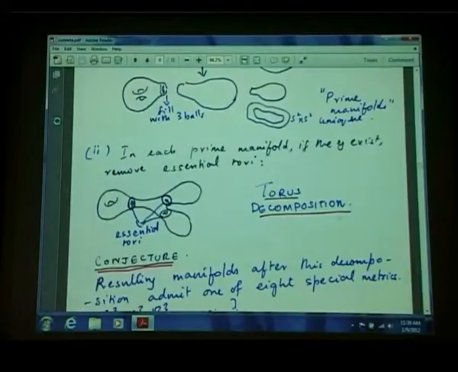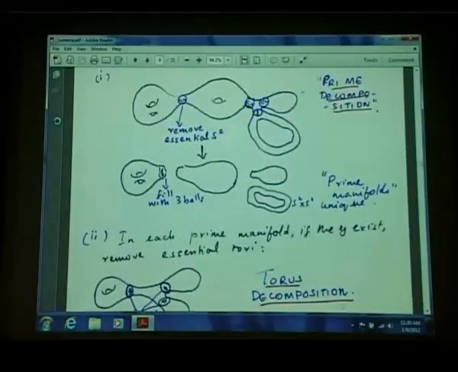You know something about the prime manifolds. For example, suppose you start with a simply connected 3 manifold, then you know what the prime manifolds will be like. They will not have these essential tori, when it has no more essential spheres.